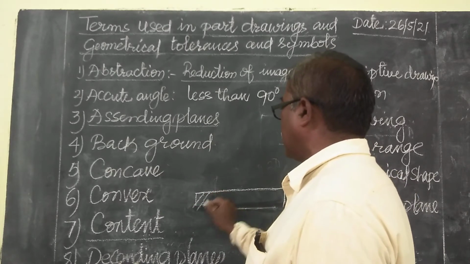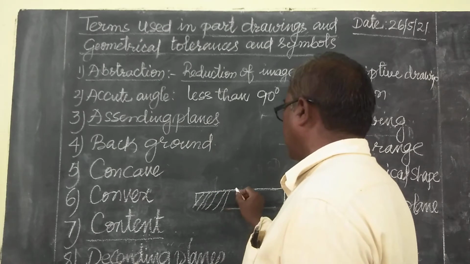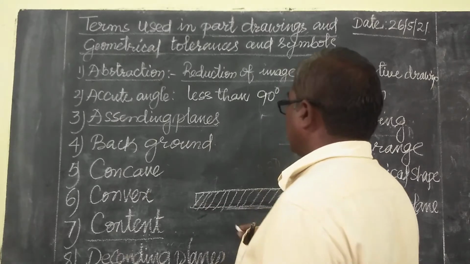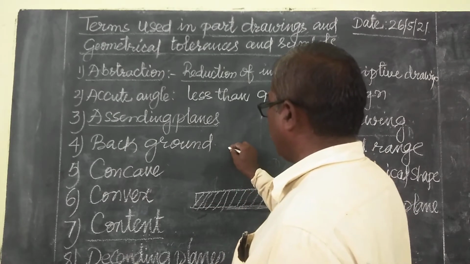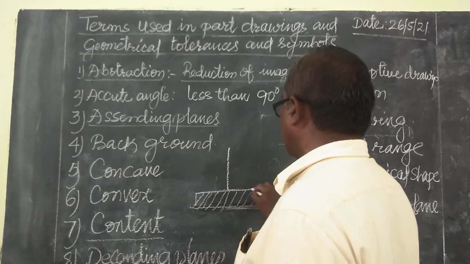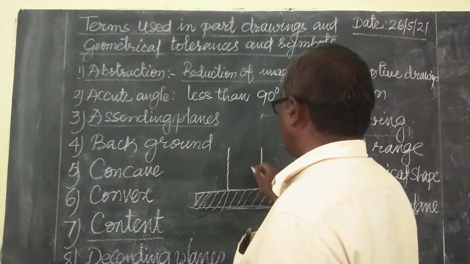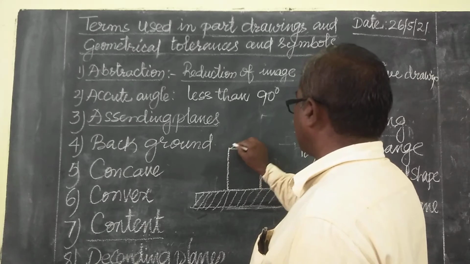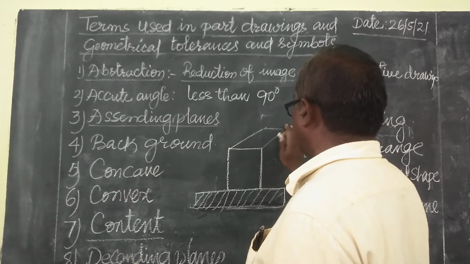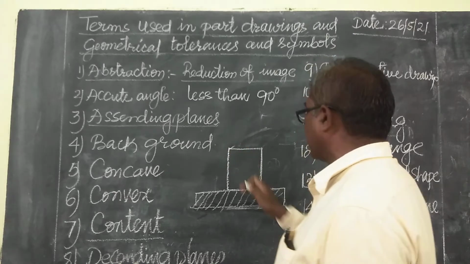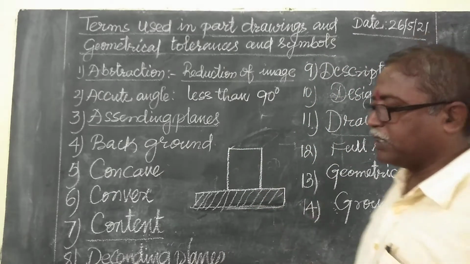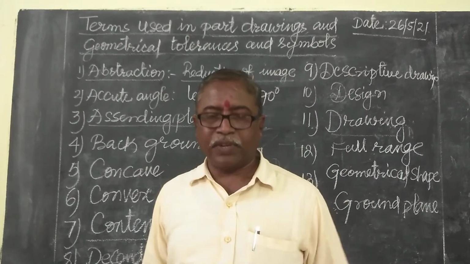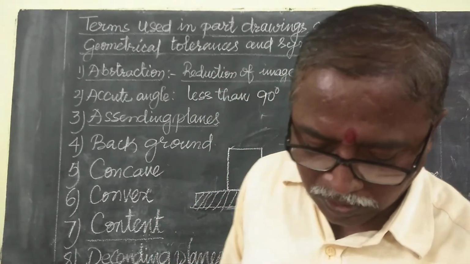For example, this is the ground plane, like this the ground plane will be given. Then over this, we are placing the square, or sometimes we are placing the cube also. That is the ground plane. The ground surface is there, that will come over the solid surface.